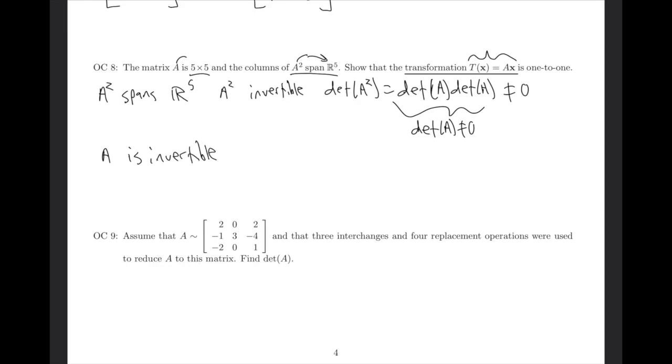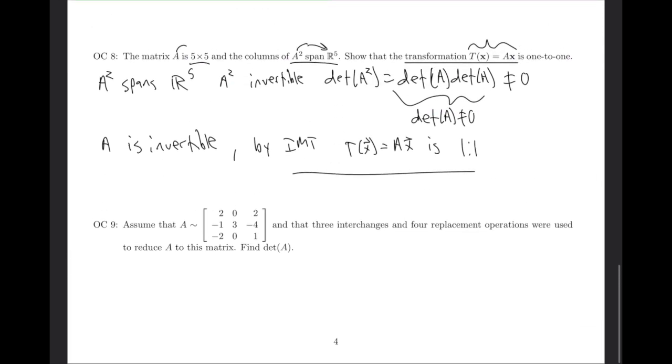And by the invertible matrix theorem, T of X equals AX is 1 to 1. So this one's super theorem heavy, but likely you'll have a sheet on your test with theorems on it to help you out with that. And this is the final question we'll go over.